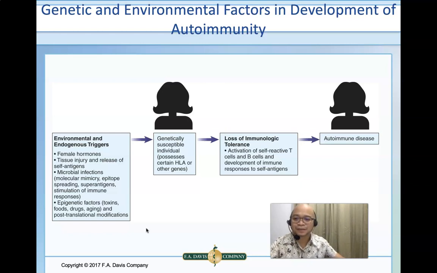Okay, now, let's talk about the epigenetic factors. Okay, epigenetic factors and modifications of self-antigen. Okay, so epigenetics refers to modifications in gene expression that are not caused by changes in the original DNA sequence.